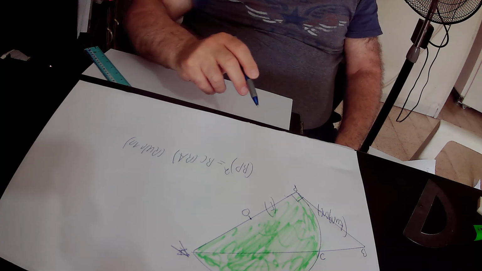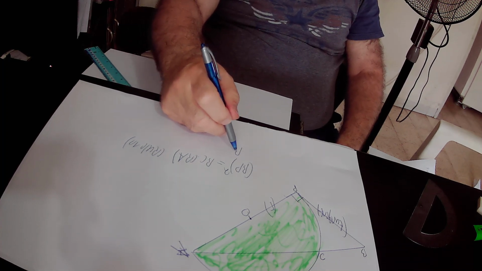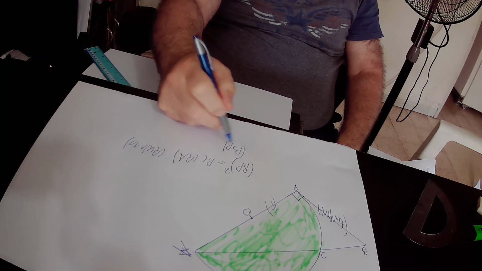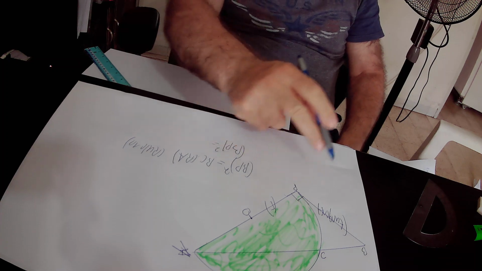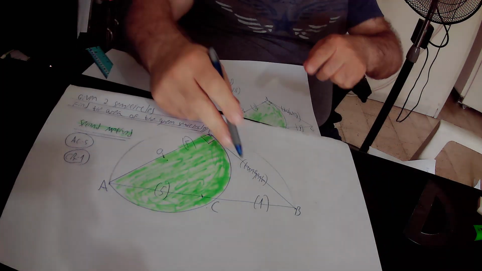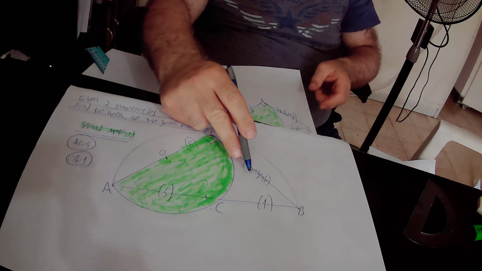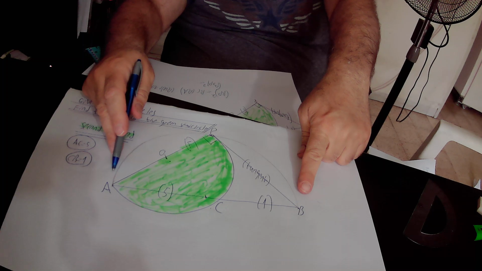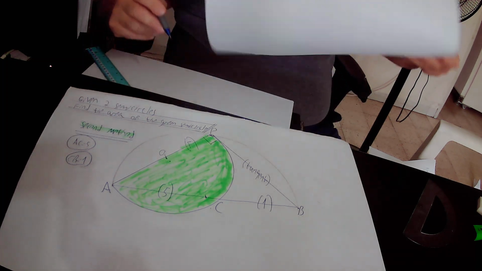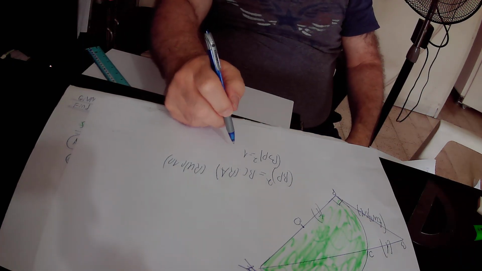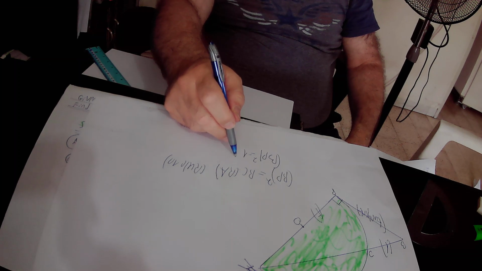BP is the missing tangent, so we'll leave it as it is. So it is BP squared equals BC times BA. Here you can see that BC is 1, so we substitute BC by 1, and AB in total equals 5 plus 1, that is 6. Again, AB in total equals 6.